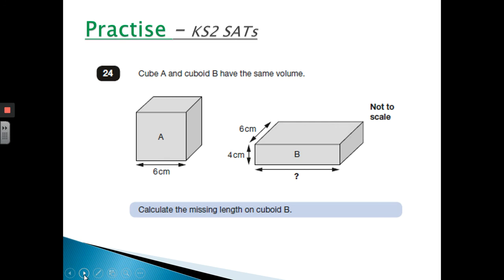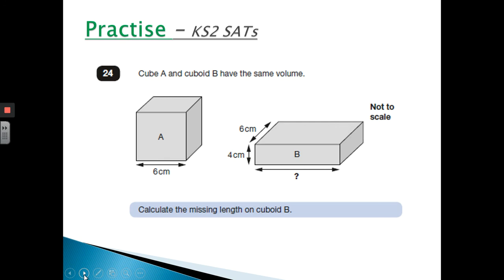So the volume of the shape is the length times the breadth times the width. So if we know that cube has all its edges of 6 centimeters, then we could say the volume is 6 centimeters times 6 centimeters times 6 centimeters, which would bring us to a total of 216 centimeters cubed as a total volume for that cube.